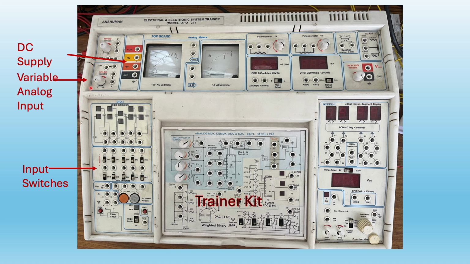Then we have this variable analog input knob. With the help of this knob, analog input can be varied and it can be connected using these 2 points here. And this is the voltmeter which is used to display the analog voltage. When we are converting analog signal to digital signal, the input is given by this knob and the output is observed on the LEDs which are available here.